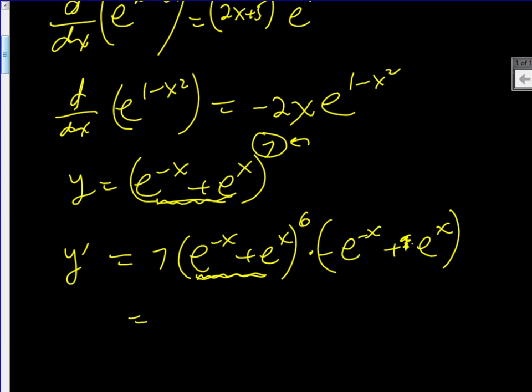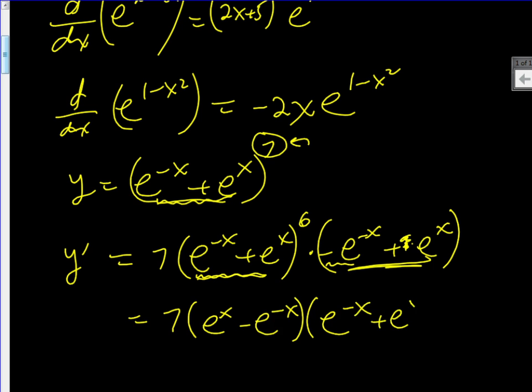I hate leading terms having a negative sign, so I'll write the e to the x first: e to the x minus e to the negative x, times their function to that 6th power. There's no way you're going to miss that negative sign. If you put it in front, sometimes you can miss it.